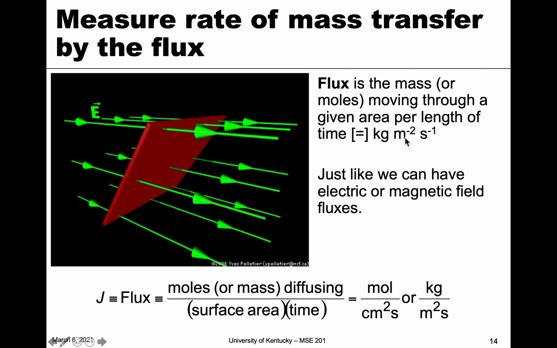So meter to the -2, so it's over meter squared, and then over seconds, so second to the -1. So those are our units that we're looking at, and we term this with a capital J as flux, and this is basically just a formula of what we talked about up here, and again just going through the units that we can see. So either moles or mass, and then area seconds.